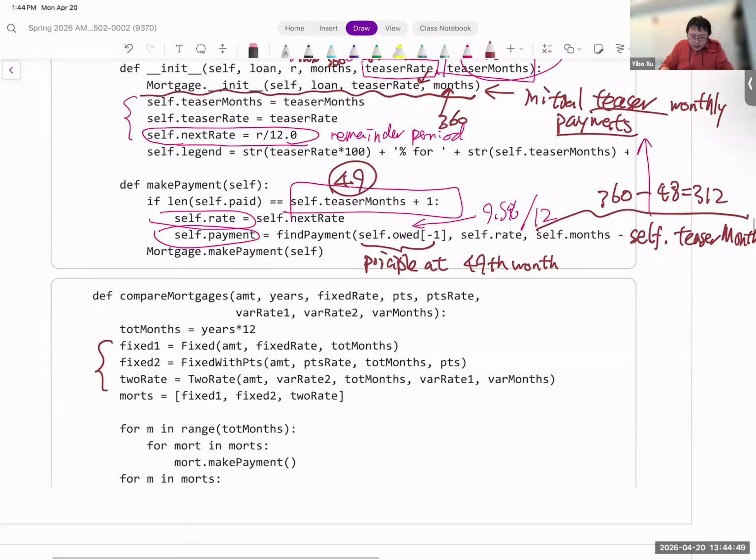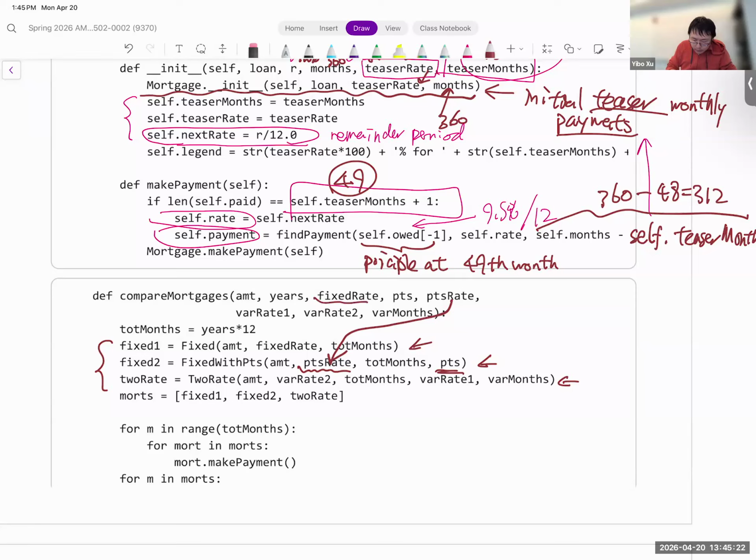You can see that fixed is the original class, didn't change anything. These are subclasses that we have modified slightly. We use the points to initialize with a positive payment at the beginning, and then we have an interest rate that's better. That's my interest rate with points, the second interest input.